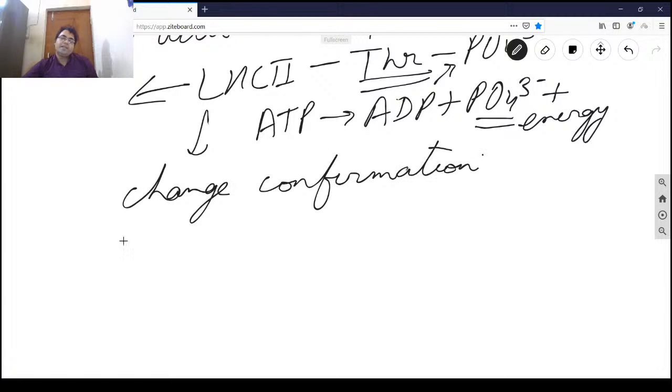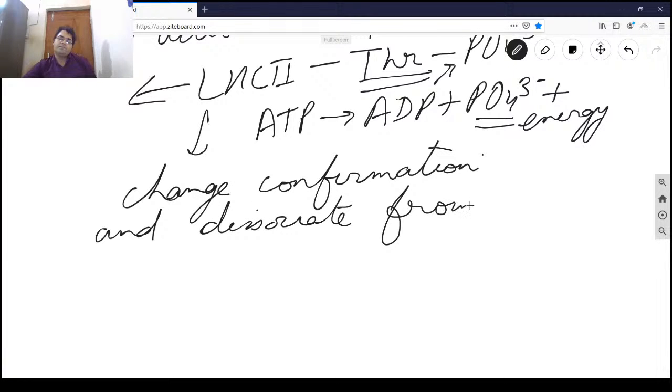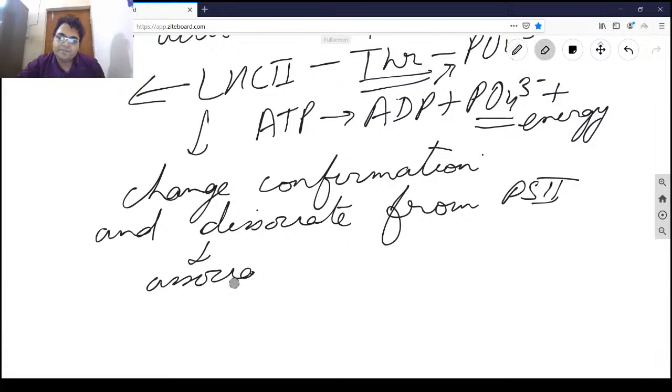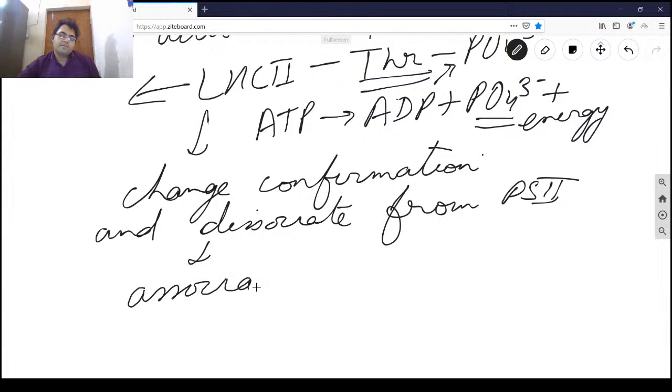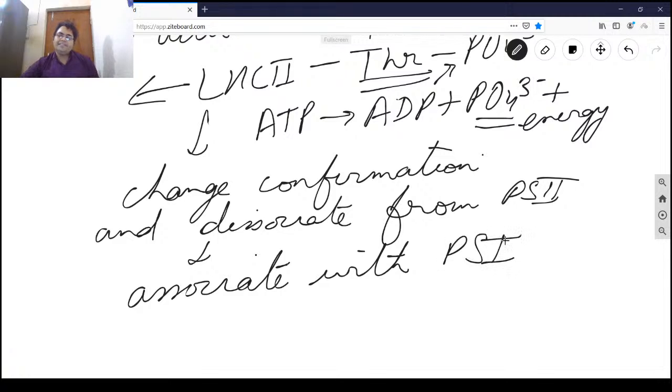conformation and dissociate from PS2 and associate with PS1.